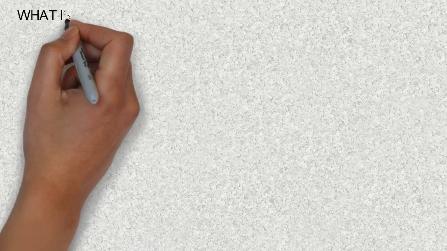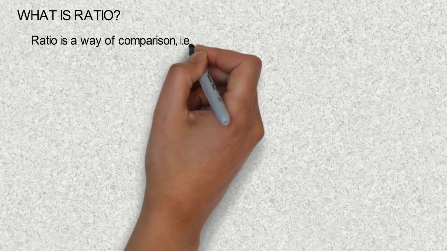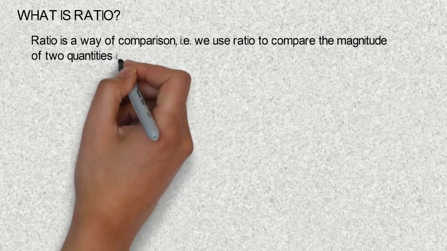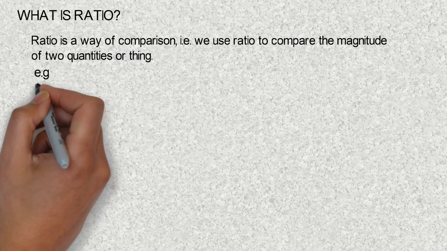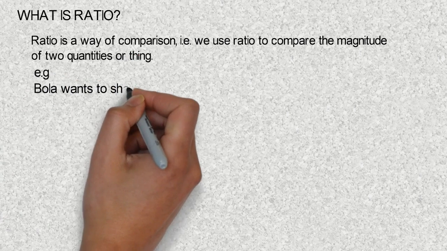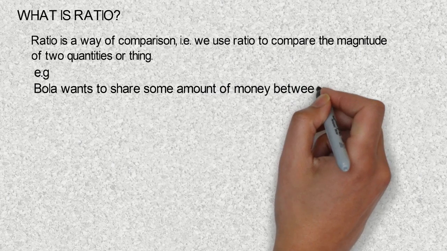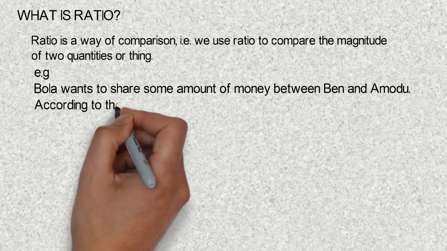So what is ratio? Ratio is a way of comparison. That is, when we talk about ratio, we compare the magnitude of 2 quantities or things. For example, Bola wants to share some amount of money between Ben and Amadu according to their age.